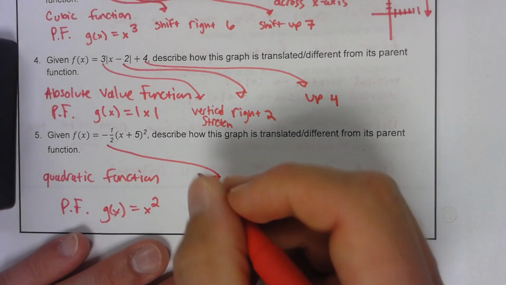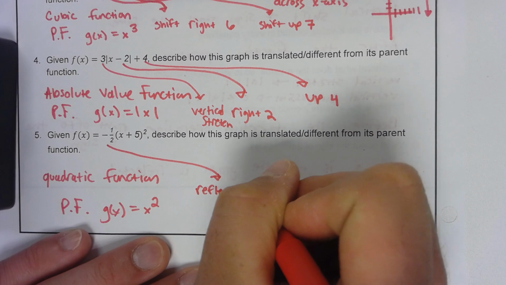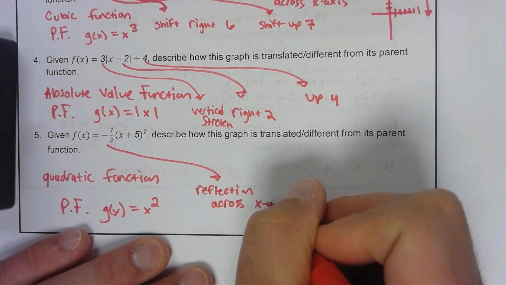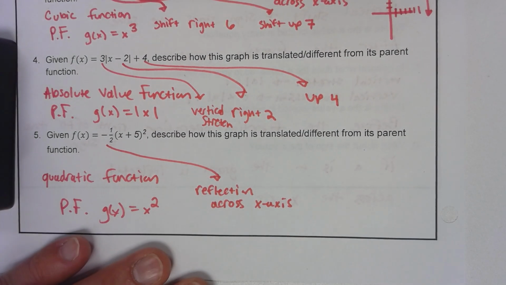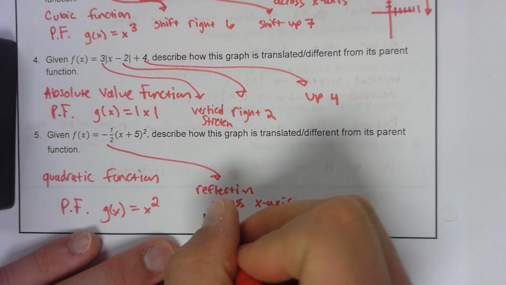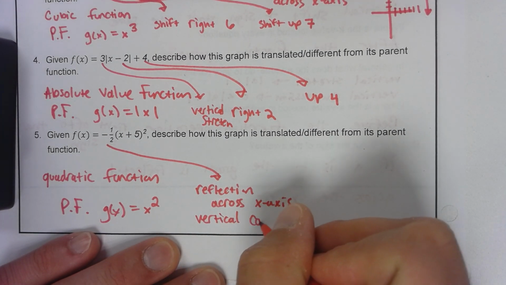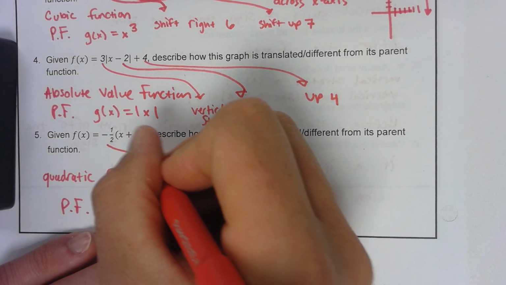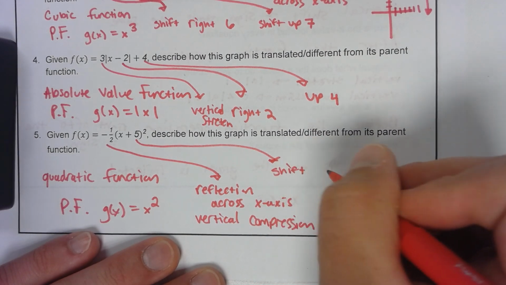So the negative makes this a reflection. The 1/2, because that's between 0 and 1, that's going to vertically compress our graph. So it's a vertical compression. And then the only other thing that's going on here is this +5, which shifts everything left 5.